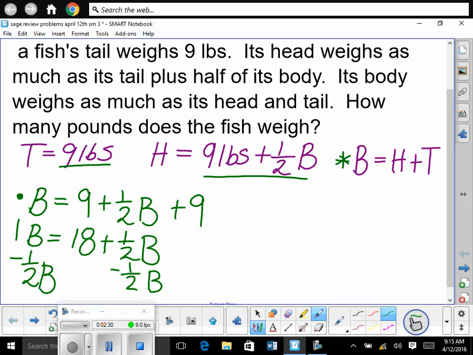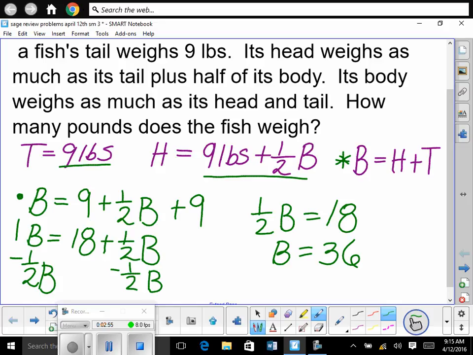So 1B minus 1/2 B is how many B's? 1/2 B. So we have 1/2 B is equal to 18, correct? Now solving for B, wouldn't we multiply both sides by 2? So we have B is equal to 36, yeah?